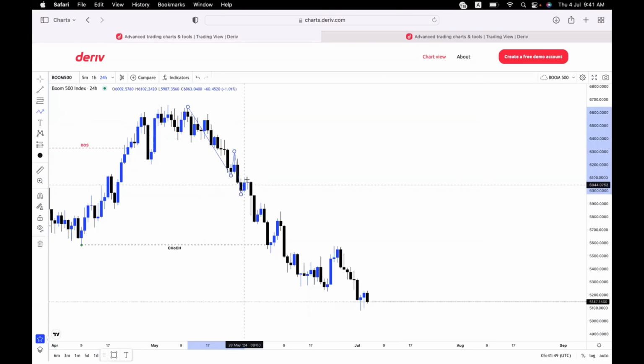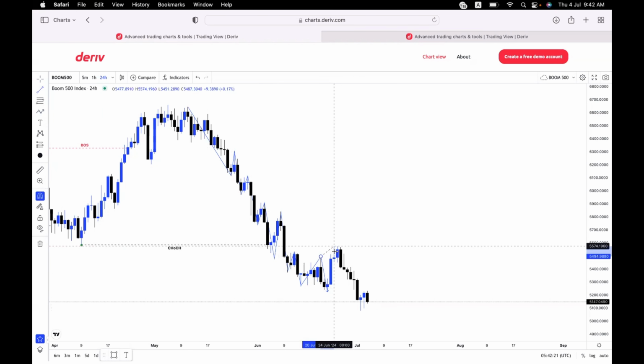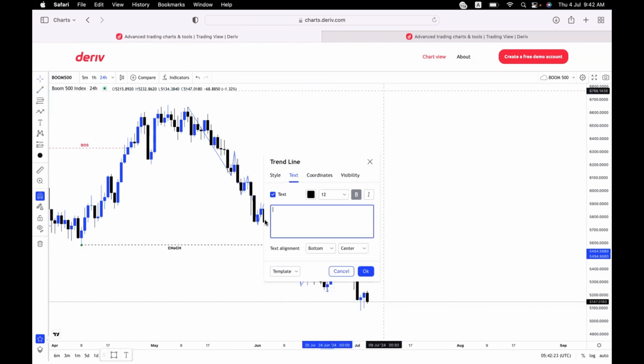Then another impulse, then another pullback, impulse, pullback, impulse, pullback, impulse, right? So now we said our inducement is the last valid pullback. You can see all these pullbacks are not mitigated, meaning they are not inducement. This is the last pullback and that's the inducement. And we can identify this using the three letters idea, like I mentioned before, to indicate our inducement, right?